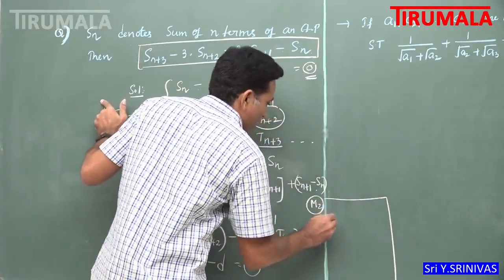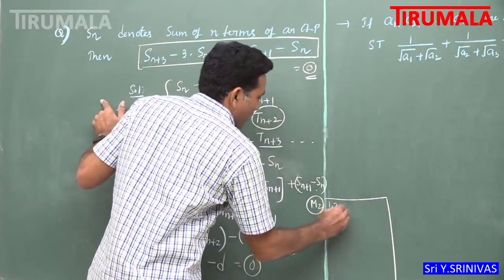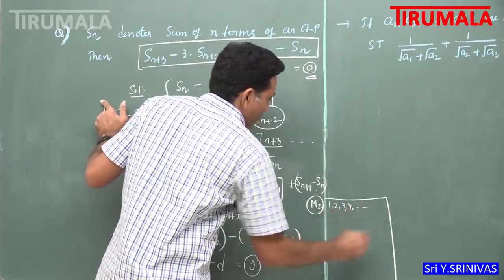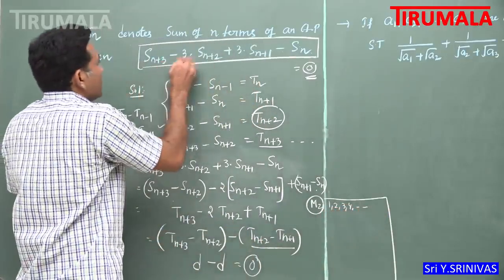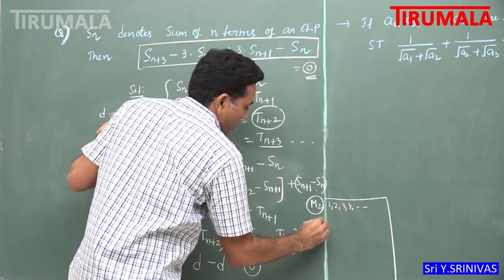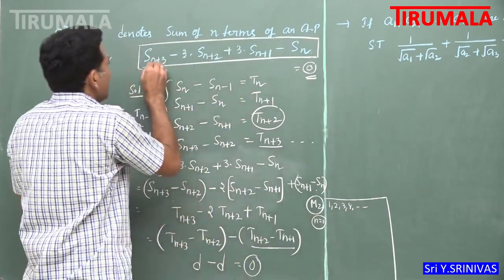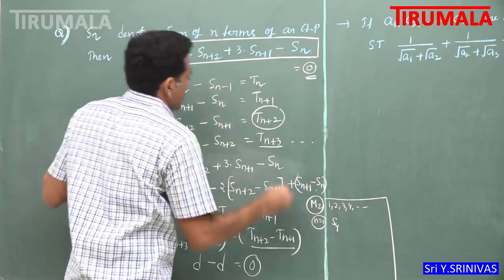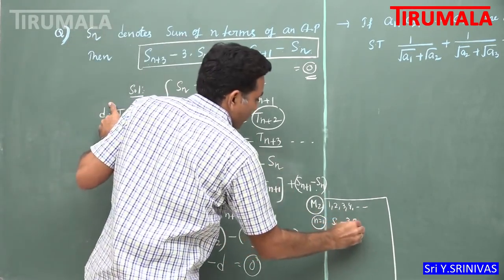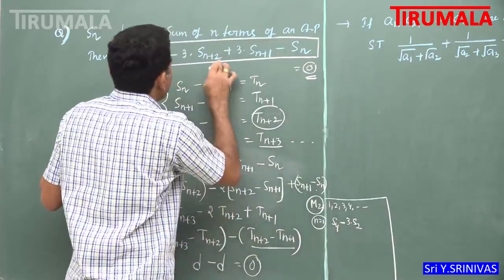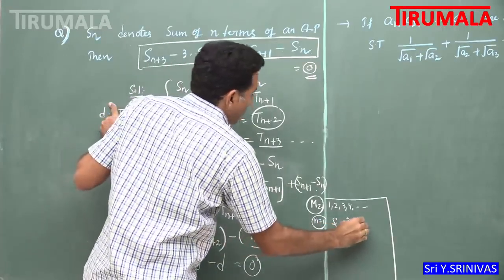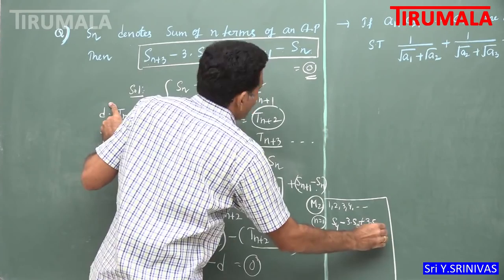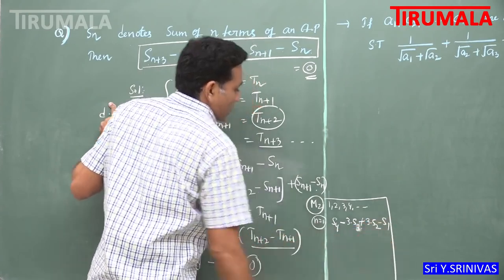Method 2, students. Let the sequence be 1, 2, 3, 4 and so on. Now I want to take n equals 1. What is required here? S4 minus 3 times S3 plus 3 times S2 minus S1.